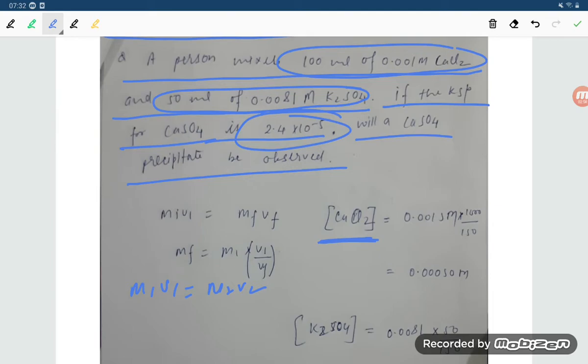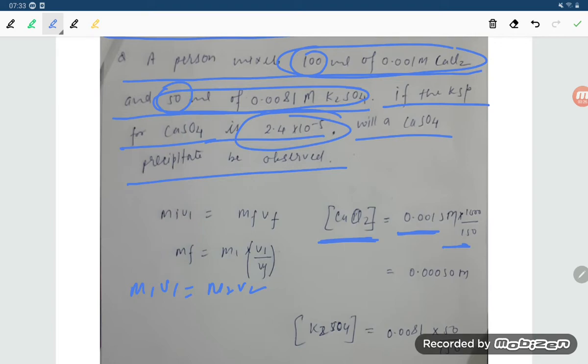So this is the concentration 0.015 molar, and in how many liters is the calcium chloride there? This is there in 150 ml, because total volume is 150 ml.